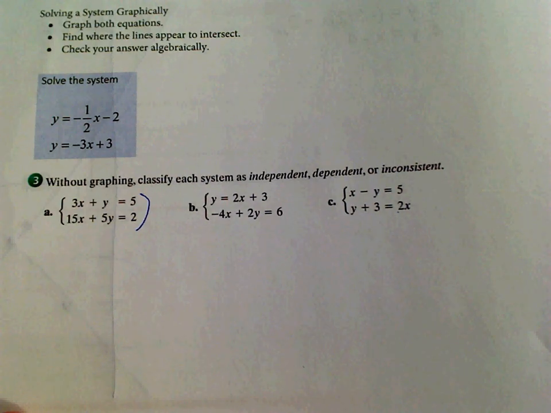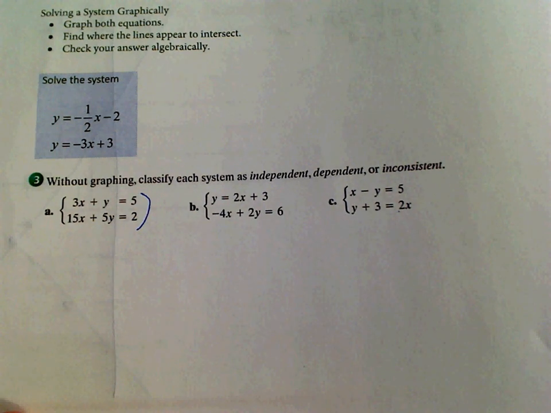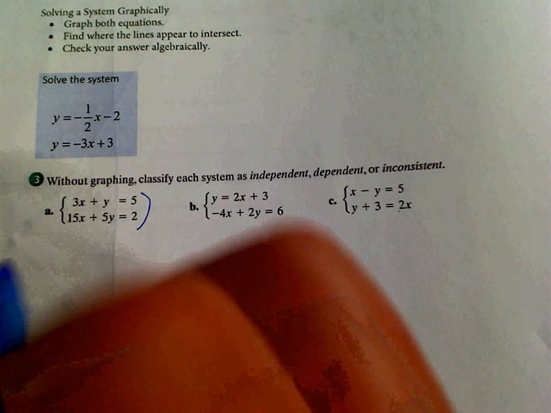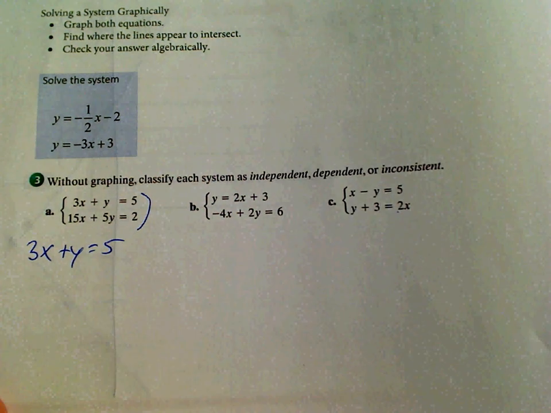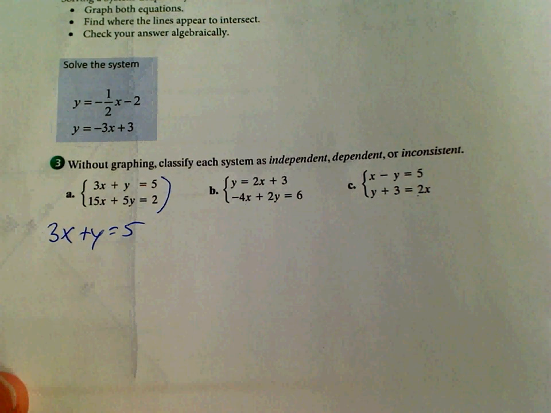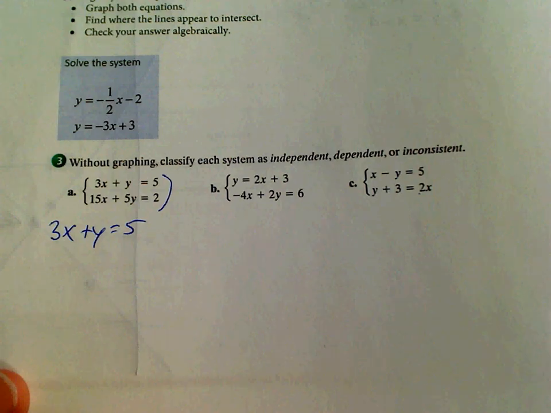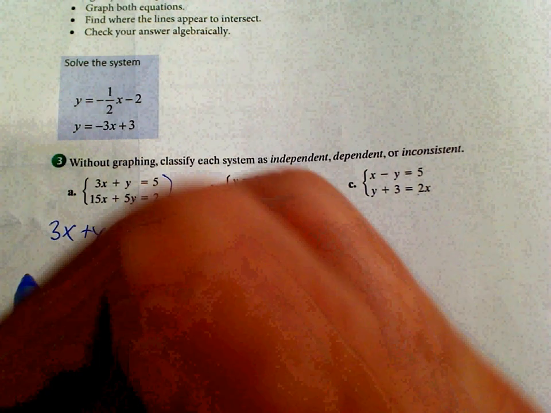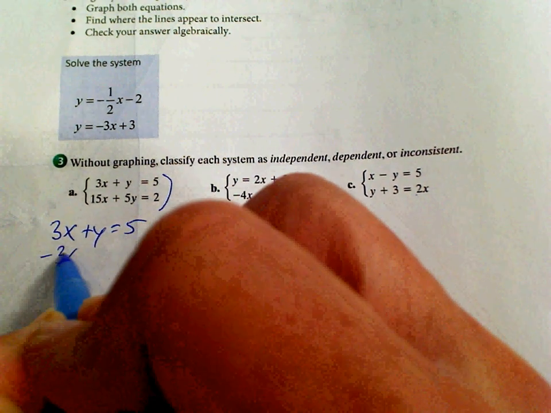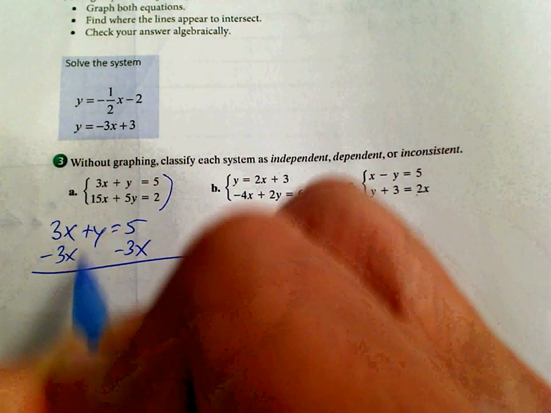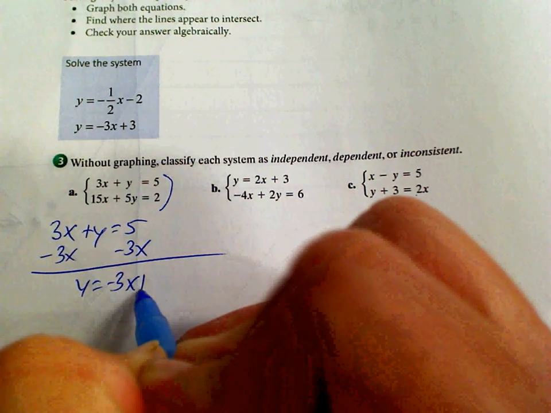What am I going to do if I want to know their slope and y-intercept? Let's do it. 3x plus y equals 5. Do the algebra with me. The best way of learning algebra is putting a pencil in your hand and doing it. I've said that for 18 years, and it still is true. All right, so we're going to subtract 3x, y would equal negative 3x plus 5.